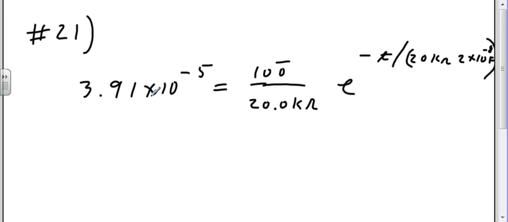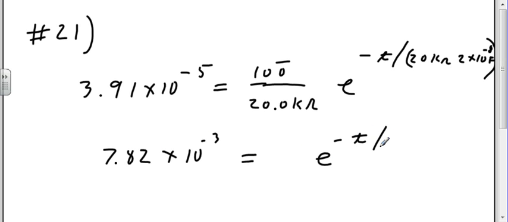All right, so I got 7.82 times 10 to the minus 3 equals e to the minus t divided by... now we know this formula is wrong, but we'll just use it, it doesn't matter. 20 E 3 times 2 E minus 8, which is 0.0004.